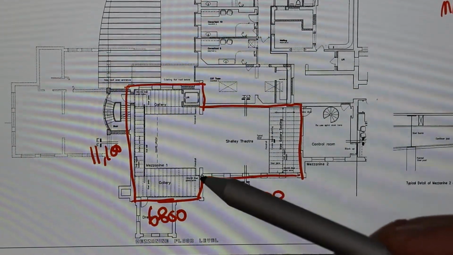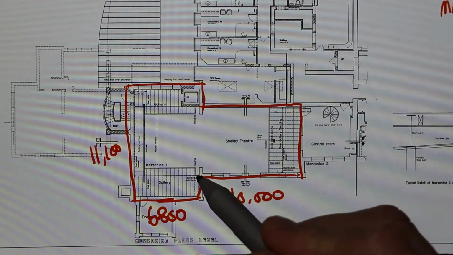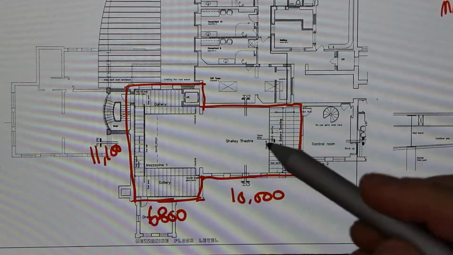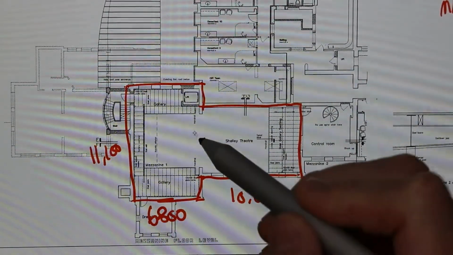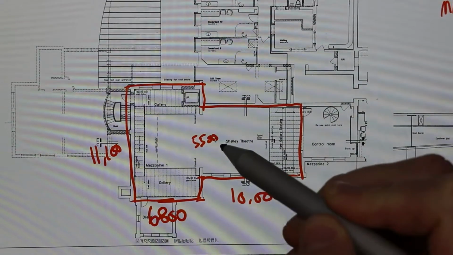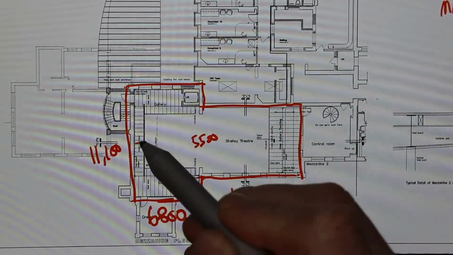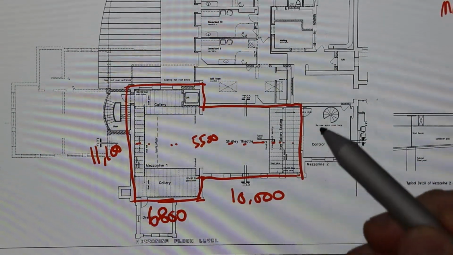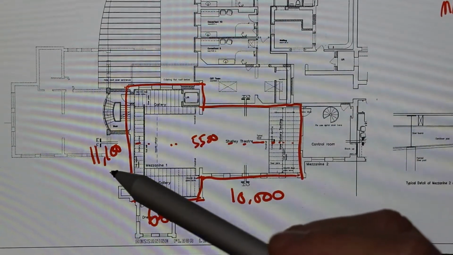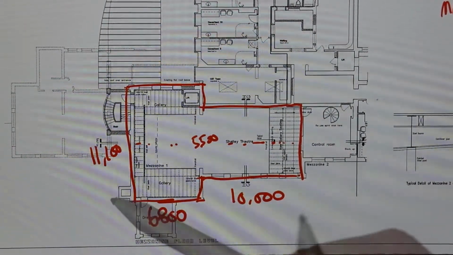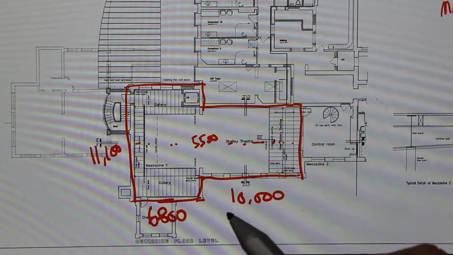And the distance here is, let's see if this all makes true. Well, basically we know the measurement here, don't we? That's 5.5. So if we know that's 5.5 and it's in the centre, what does that make that number there? 2800.